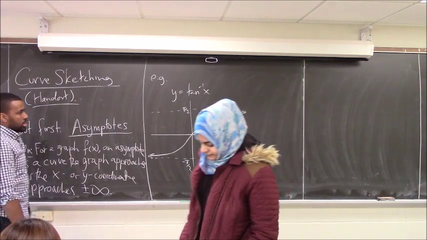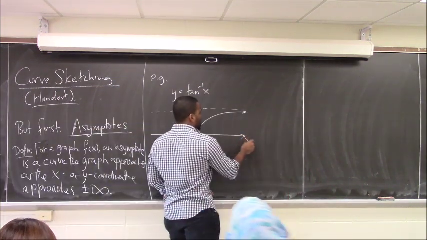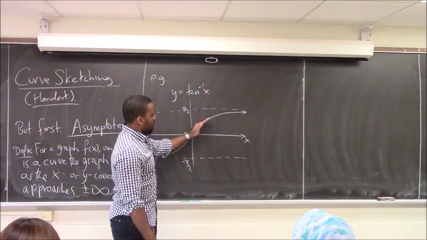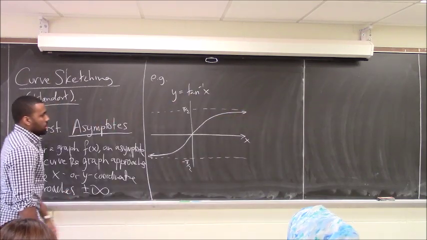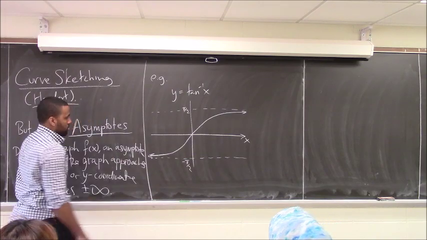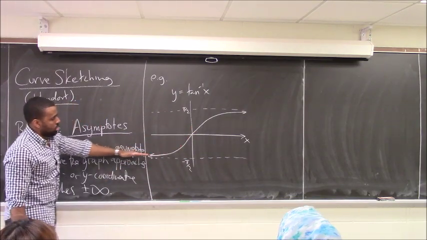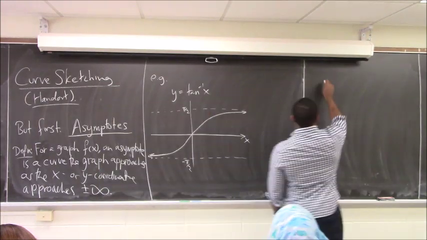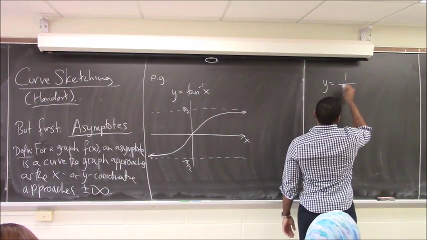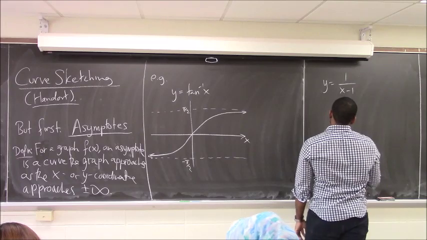As the x coordinate is approaching infinity, the graph is approaching the curve y equals pi over 2. As your x coordinate is approaching negative infinity, your graph is approaching the curve y equals minus pi over 2. Or we can look at something like y equals, say, 1 over x minus 1.